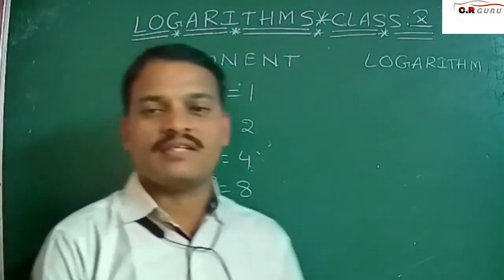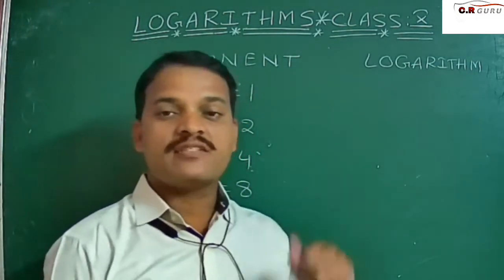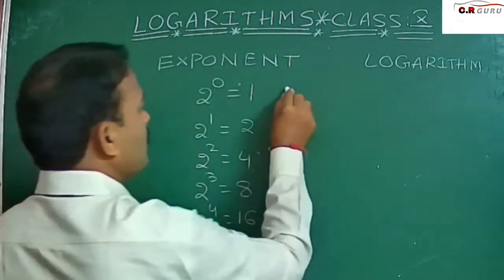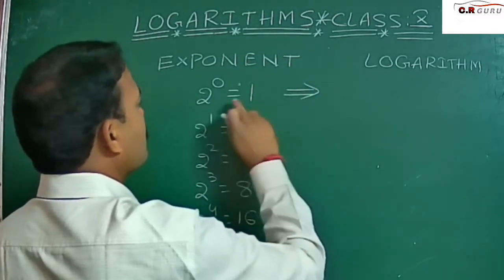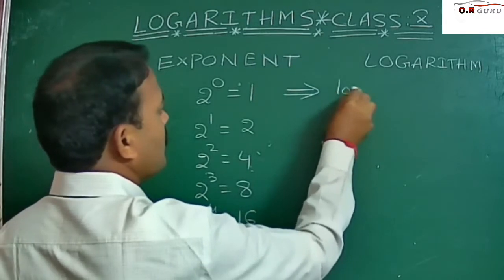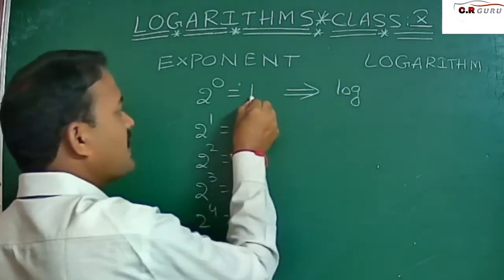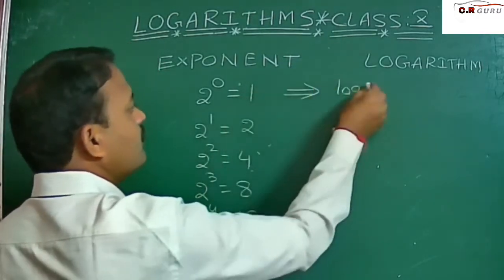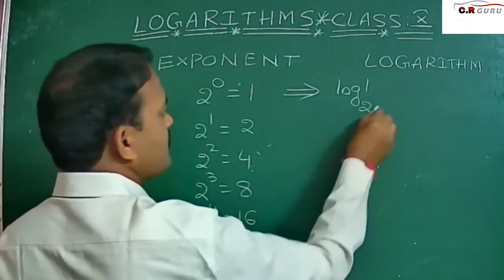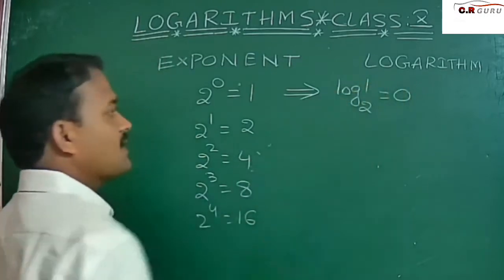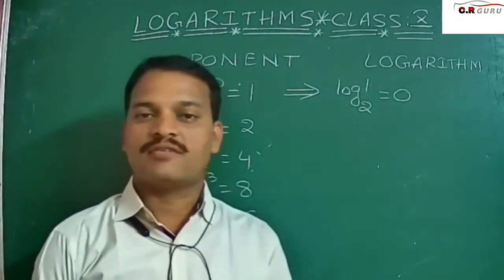Based on the exponent, how to convert into the logarithmic form? The right hand side value will become the log value, and the base is always 2. So this is the logarithmic form.